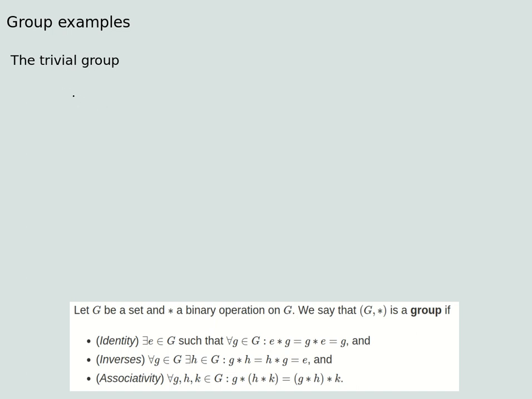So the trivial group is a group which just consists of a single element. So the set, which we're just going to write down like this, so just one element called E, well, this has a binary operation. In fact, there's only one possible binary operation on a set with one element, and it's defined by E star E must be equal to E. So the set E together with this binary operation is a group.